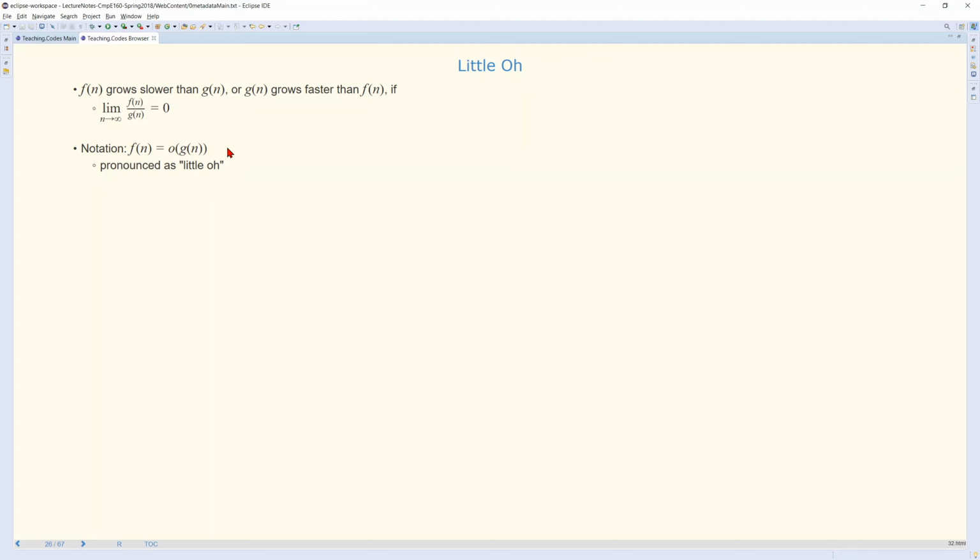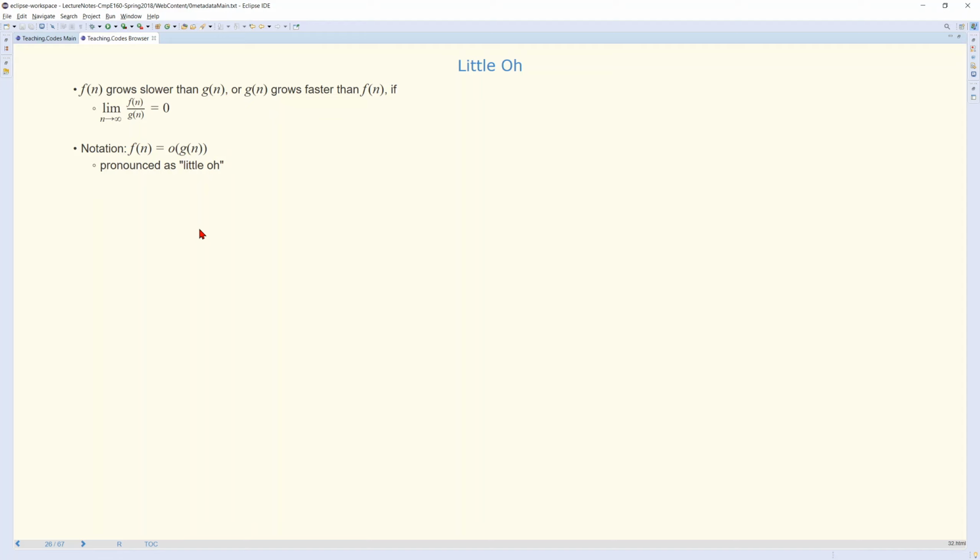Now, if f of n grows slower than g of n as n goes to infinity, then the limit of f of n over g of n would be 0, because f of n is growing slower. And we will denote this with the little o here, saying f of n is equal to little o of g of n.